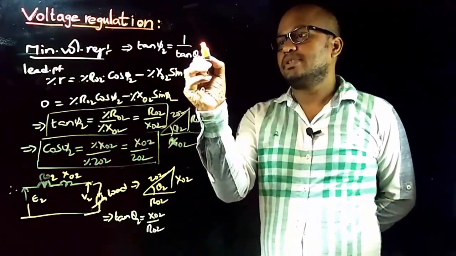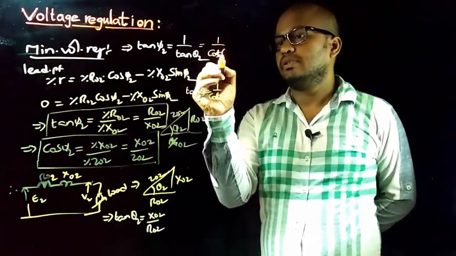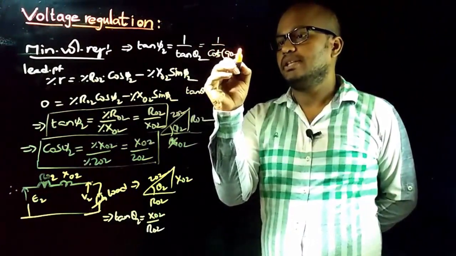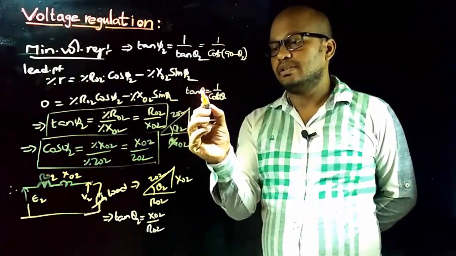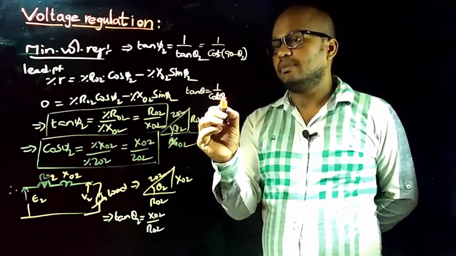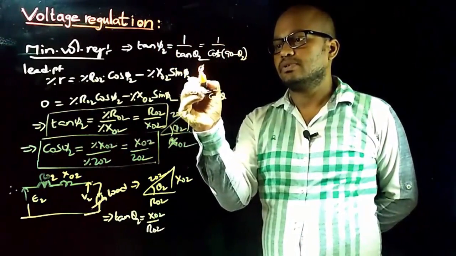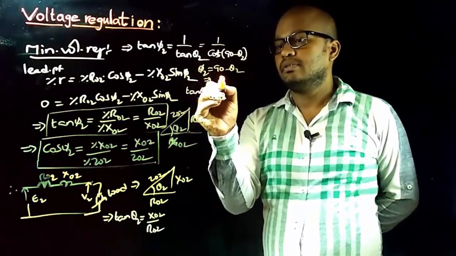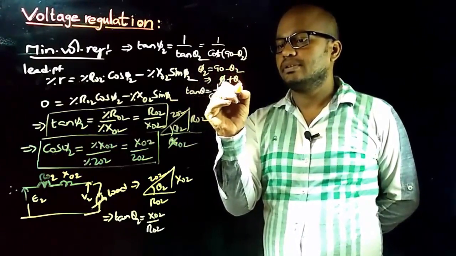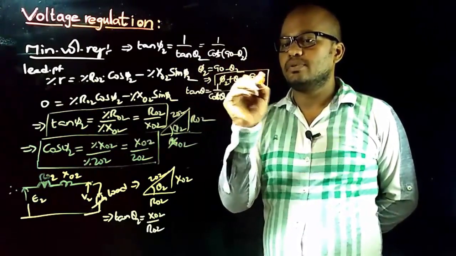So now let's represent this in terms of cot: cot of 90 minus theta 2, which implies phi 2 is equal to 90 minus theta 2. That implies phi 2 plus theta 2 is equal to 90 degrees. This is one more condition.